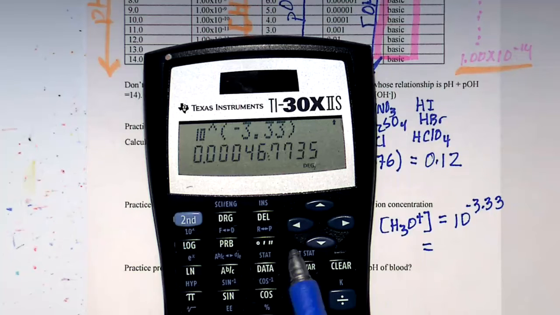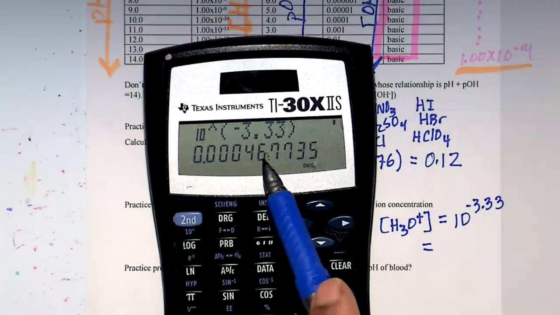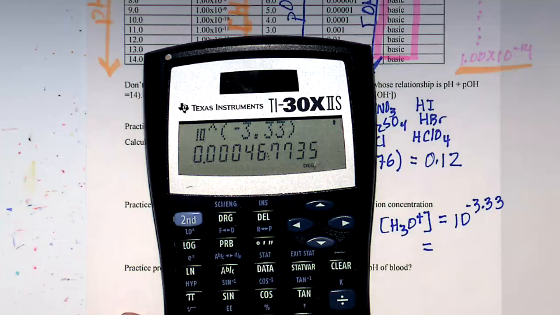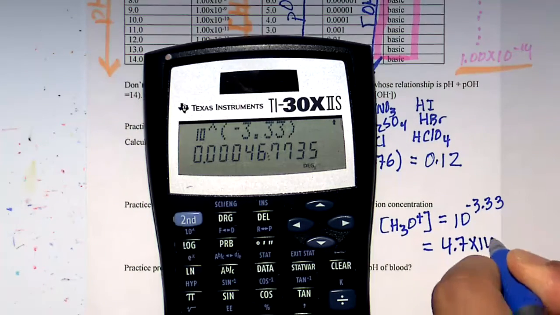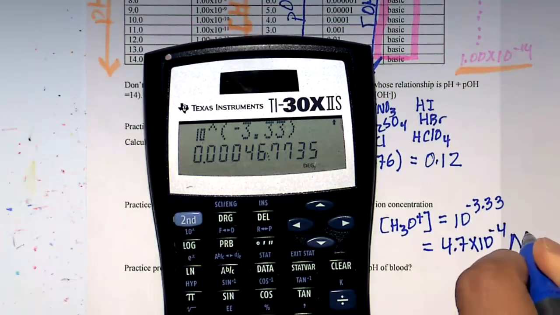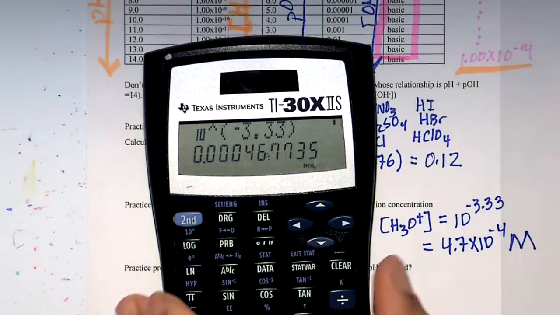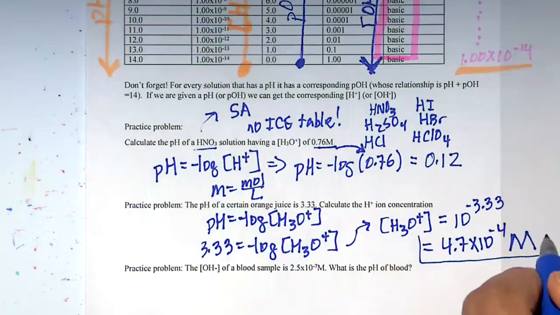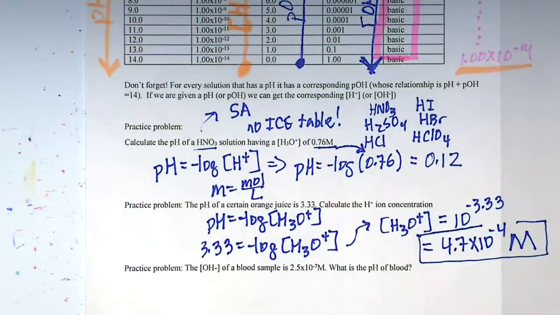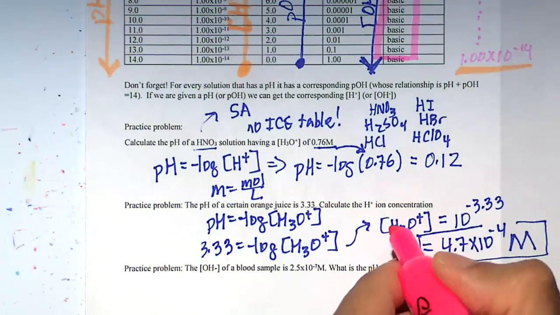And that gives 0.00047, so 4.7 times 10 to the minus 4 molar. Now we put units here. Now's the time we put units. The units are moles over liter, so definitely put the units for the concentration.